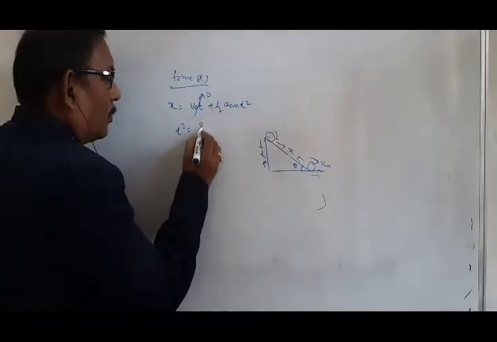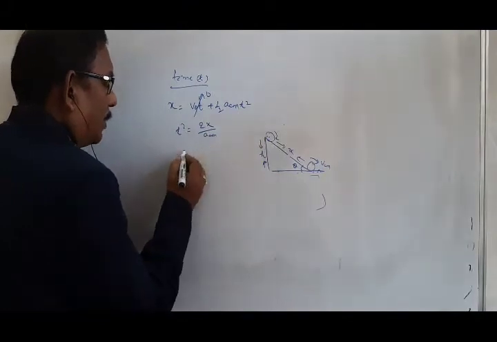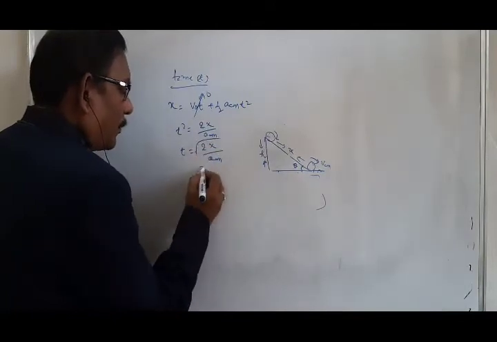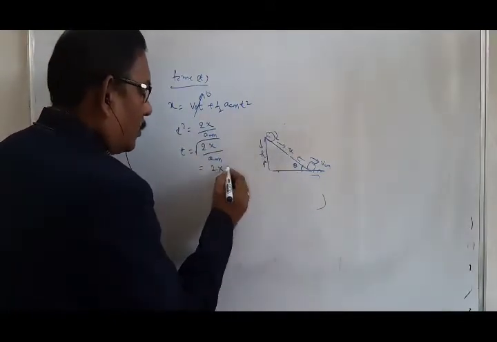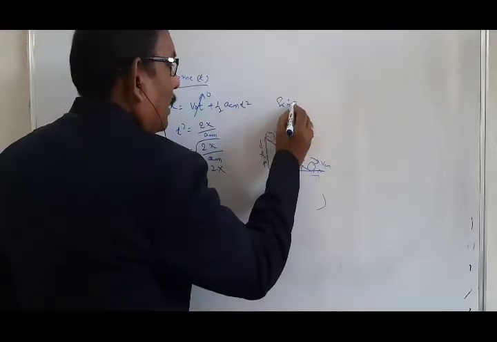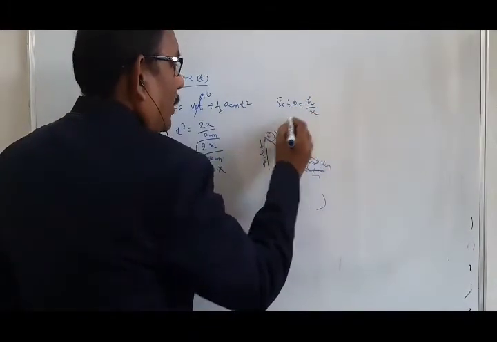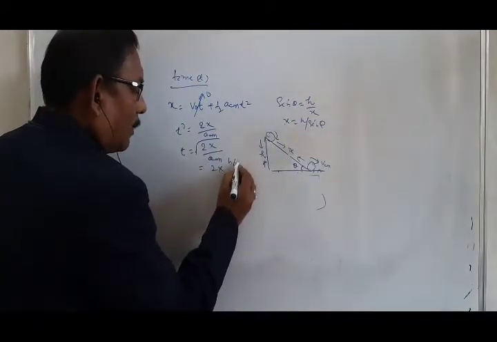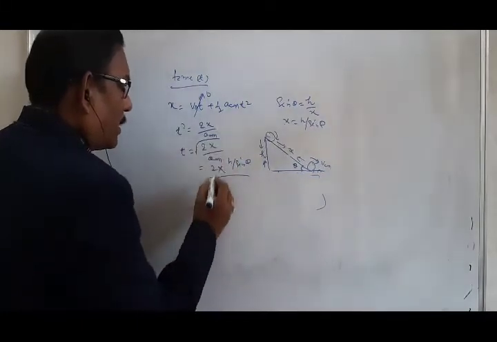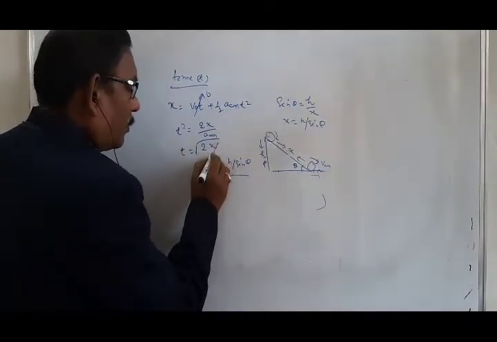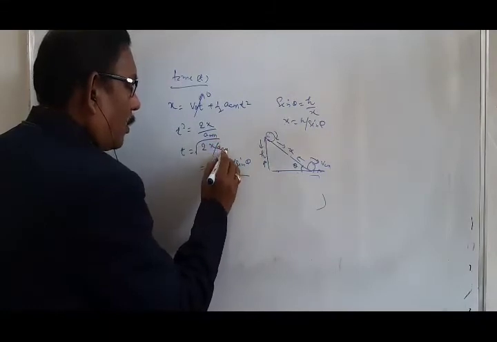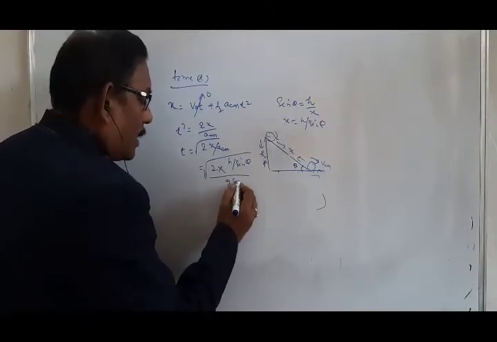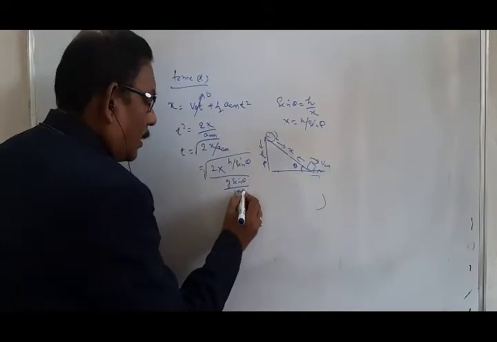Now t square equals 2x by A_CM, and t equals the square root of 2x by A_CM. Since sin theta equals h by x, we have x equal to h by sin theta. So here we put h by sin theta for x, and in place of A_CM we put the value g sin theta by 1 plus beta. Okay.